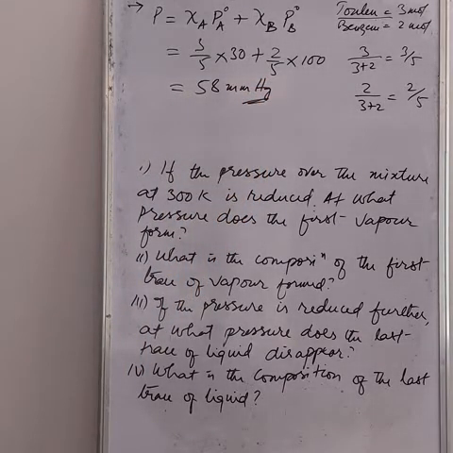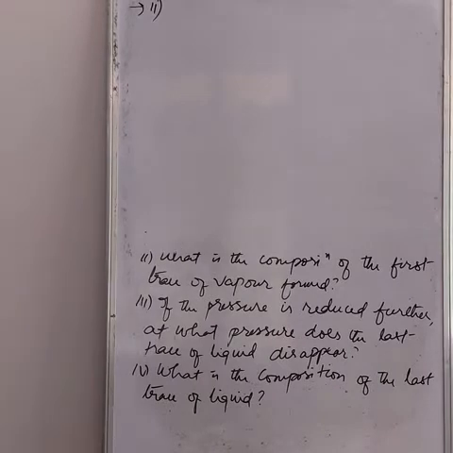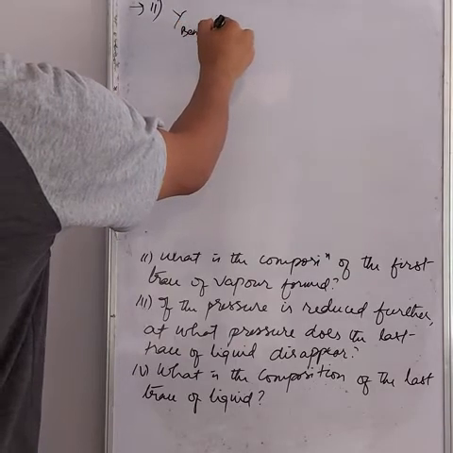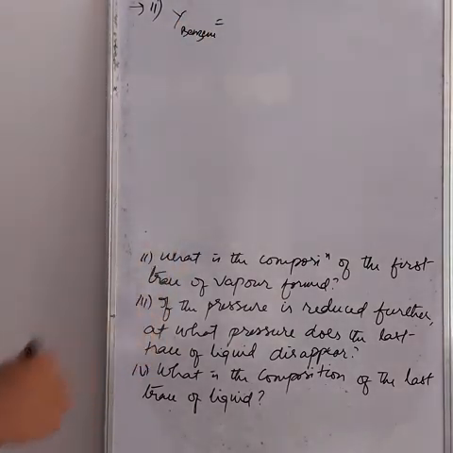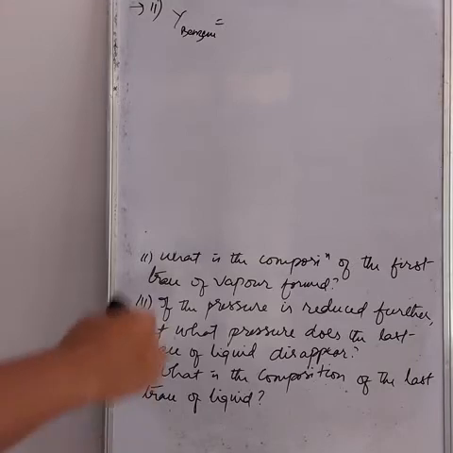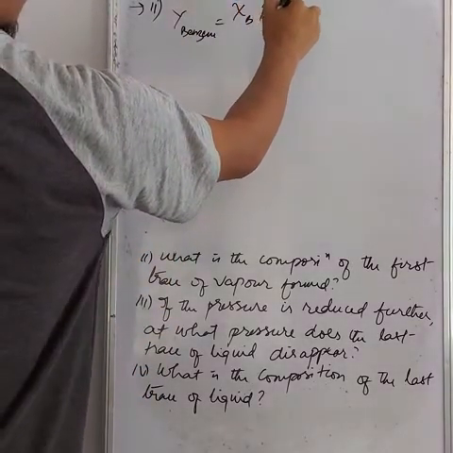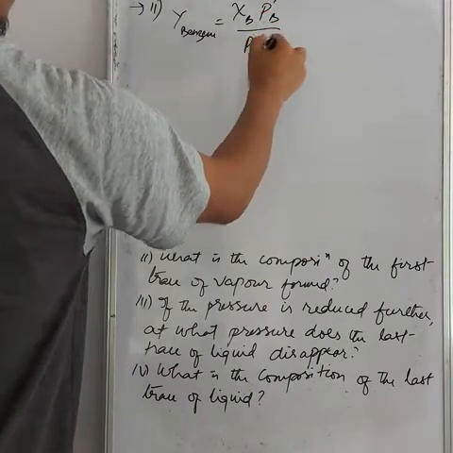Now the second part is about the composition of the first trace of vapor formed. So as we have calculated just now, the individual composition of vapors. For benzene, Y of benzene will be equal to the mole fraction of benzene times the standard pressure over the total pressure.